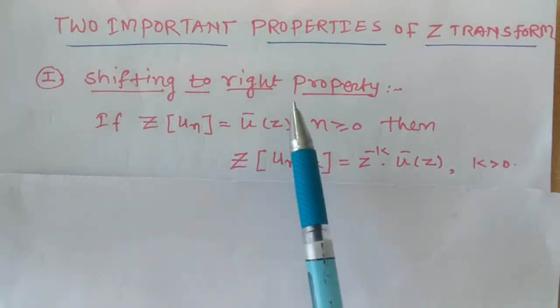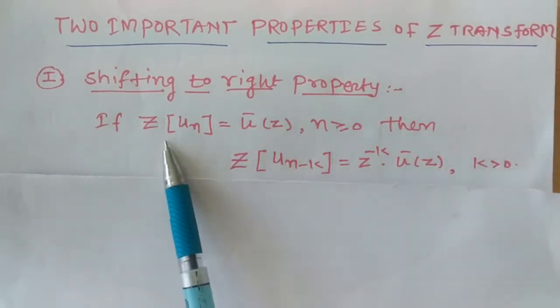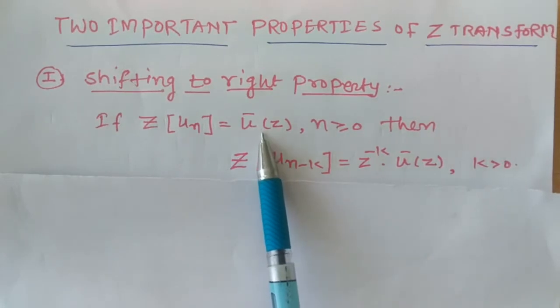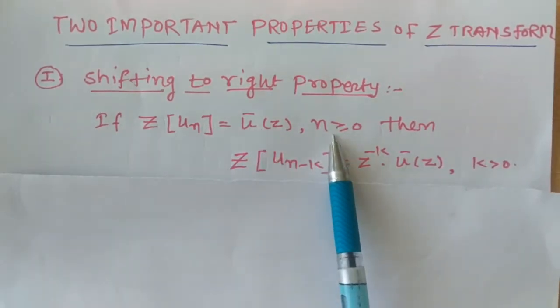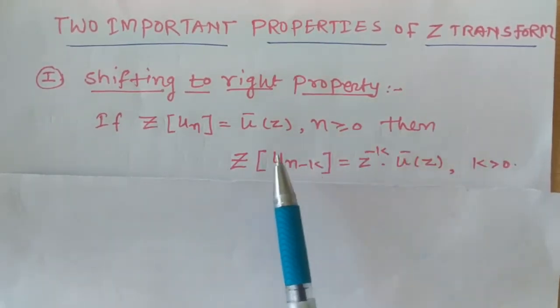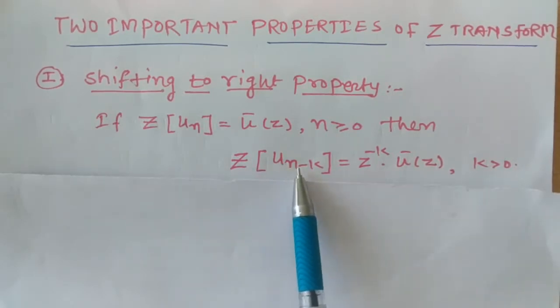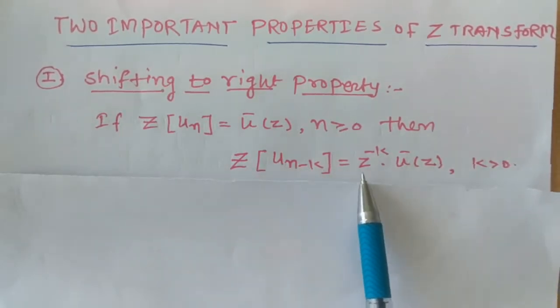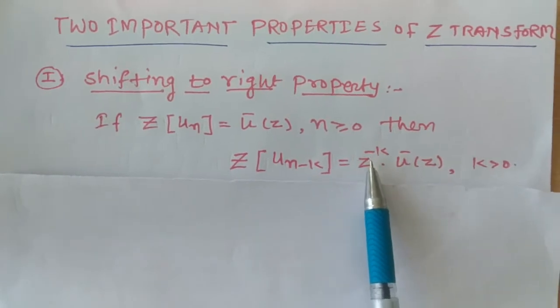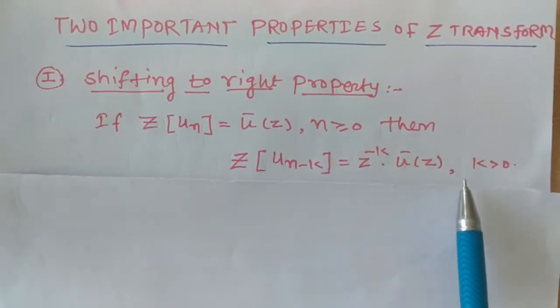Again, the shifting to right property is: if the Z transform of u_n is u bar z for n greater than or equal to 0, then the Z transform of u_{n-k} is z^{-k} into u bar z for k greater than 0.